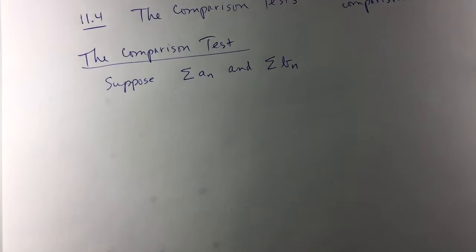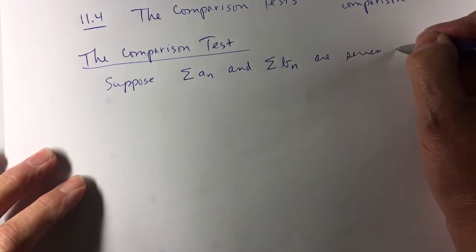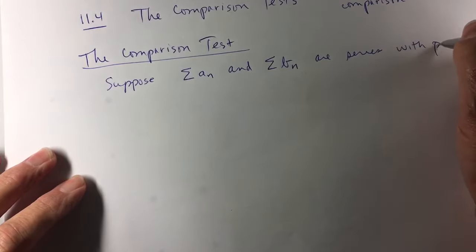So A sub n is a sequence of positive terms, and B sub n is another sequence of positive terms. And of course, with the series, we are adding the terms of these sequences. So these are series with positive terms.